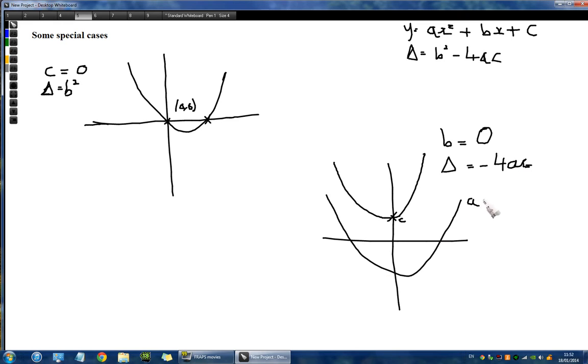Let me just label these up. This is a greater than 0, c less than 0. This one is a greater than 0, c greater than 0. And we can predict what happens if it's the other way around. If a is negative and c is positive, we get something that looks like this.